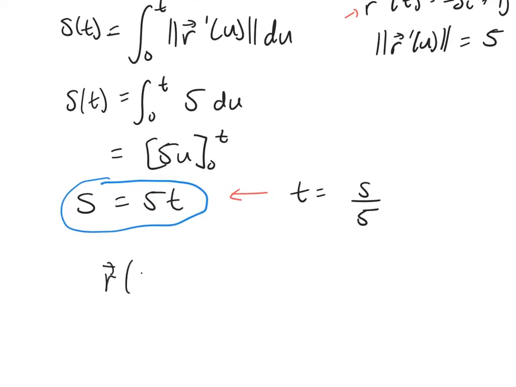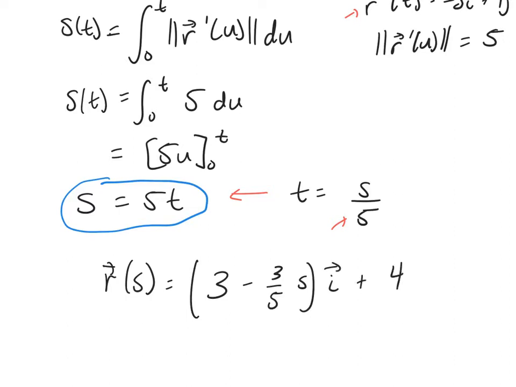So r of s will be 3 minus, now it was 3t, but now we're replacing t by s over 5, so it'll be 3/5 s i. And then it was 4t, which is now s over 5, so it'll be 4/5 s j.